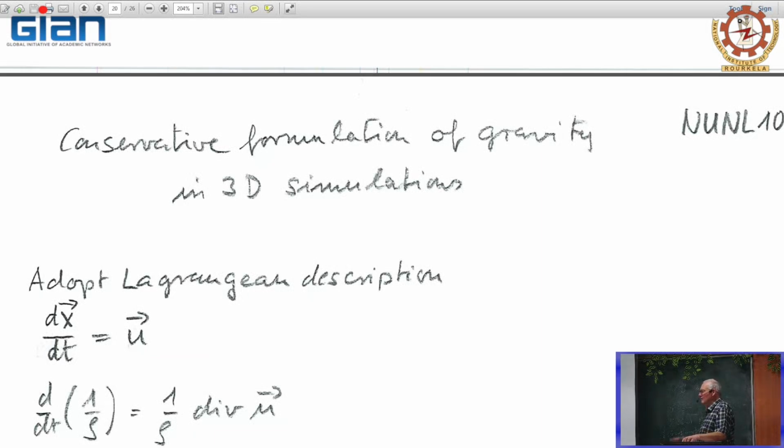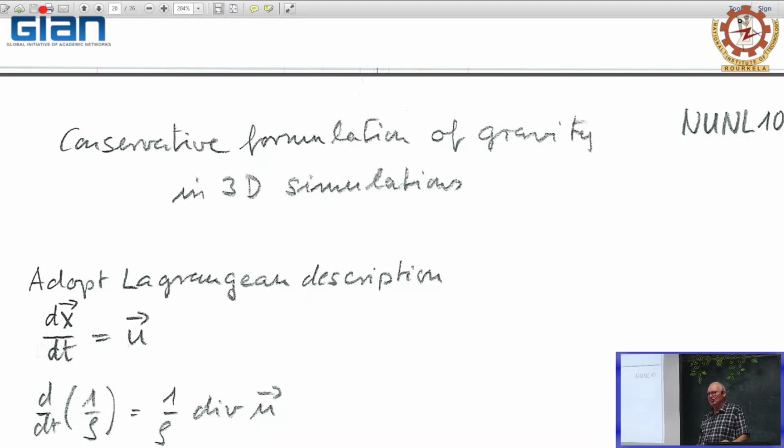Just to anticipate, of course the conservativity also in 3 dimensions requires an implicit scheme with respect to time. So we have to solve implicit equations for the solution of the problem.